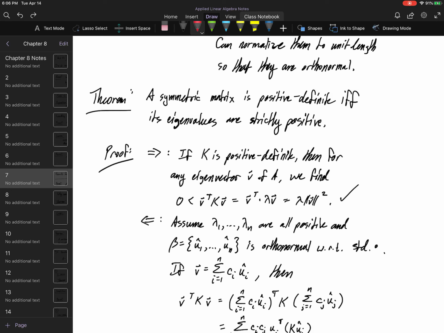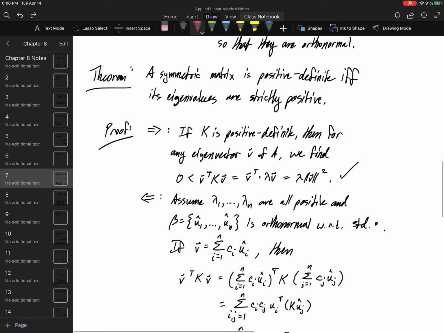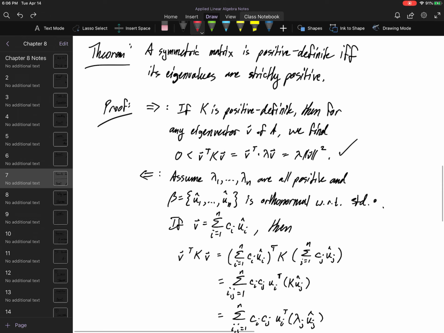So let's see. A symmetric matrix is positive definite if and only if its eigenvalues are strictly positive. So now we have an alternative characterization of positive definiteness. We can go through this very quickly. If K is positive definite, then notice what happens if we send any vector V through this bilinear form, V transpose K V. Well, K times V, if V is an eigenvector, then I wind up with lambda times V for KV.